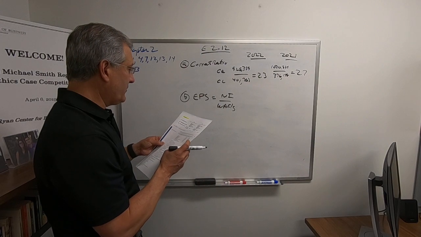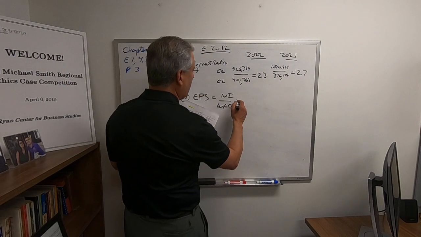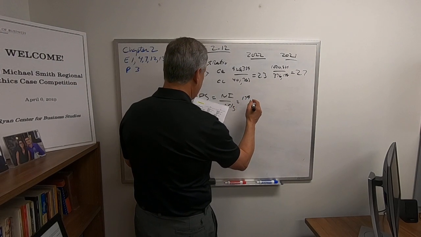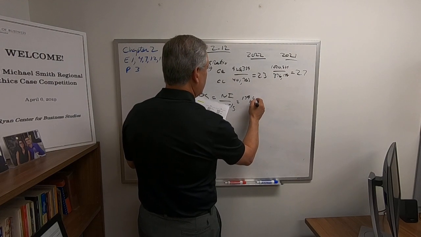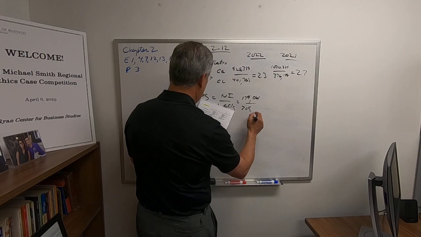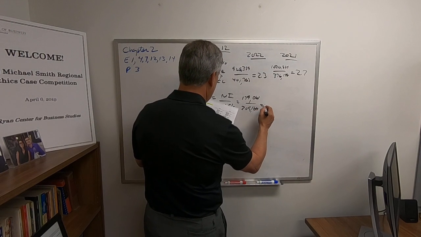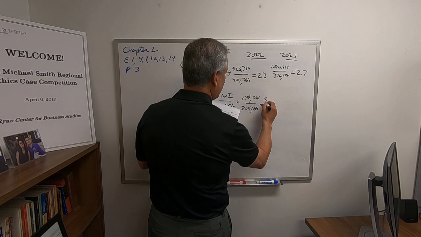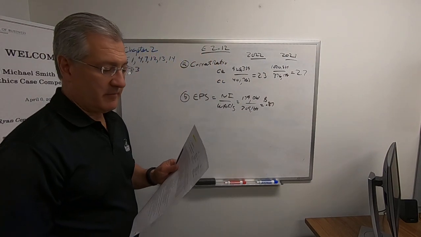For 2022, we're looking at 179,061 divided by 205,169, which equals 87 cents per share.